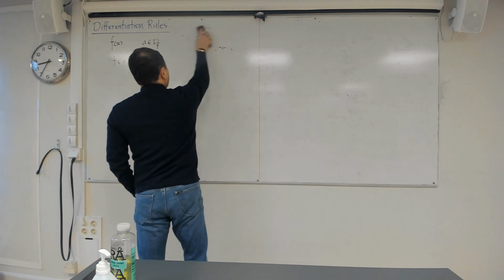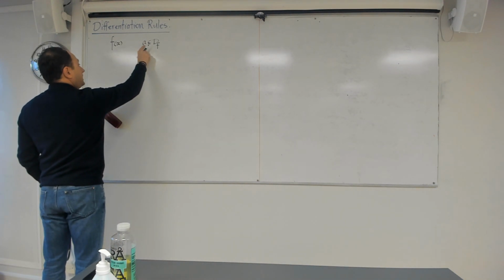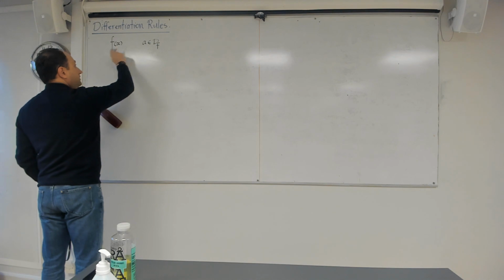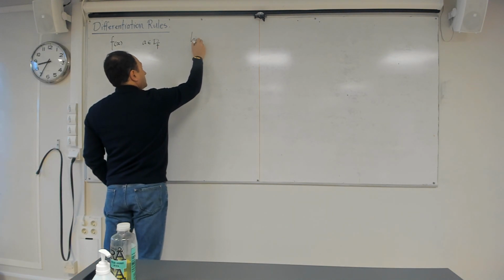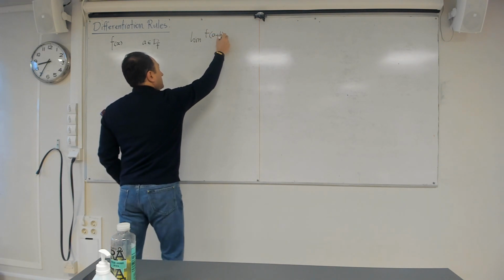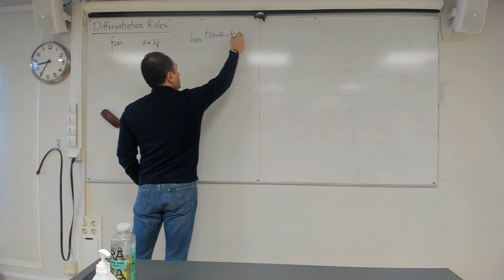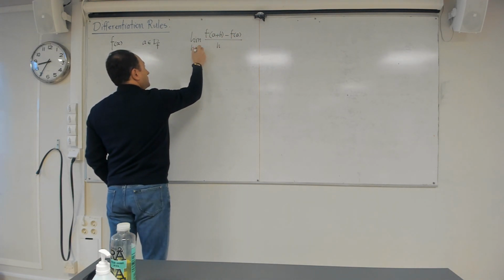So if you have a function, and a number a in the domain of the function, then you calculate this limit: f of a plus h minus f of a, divided by h, as h goes to 0.